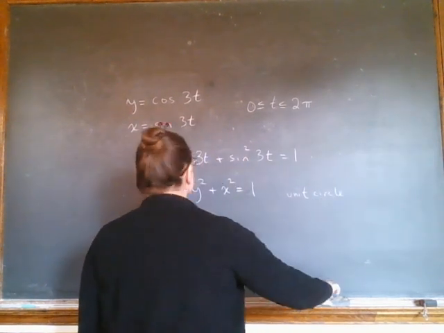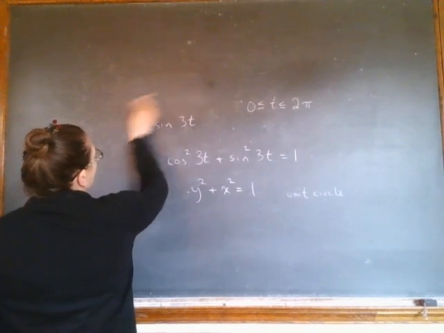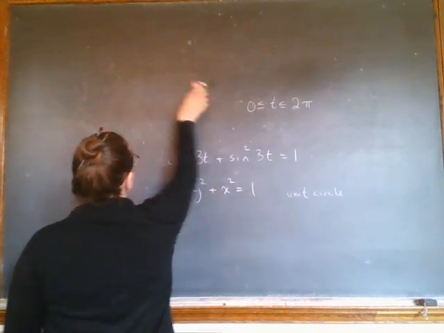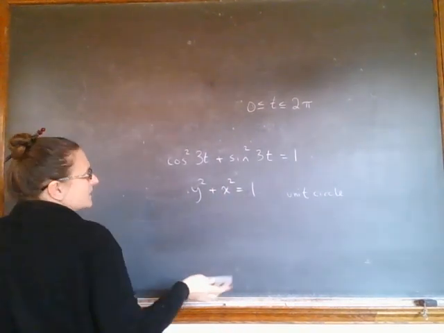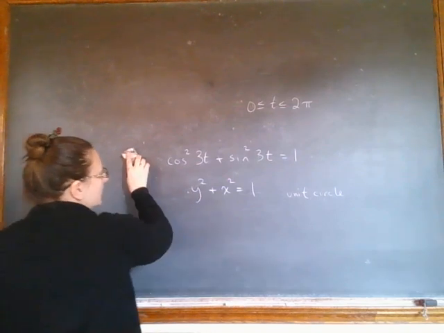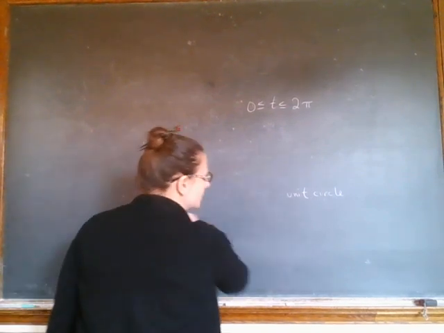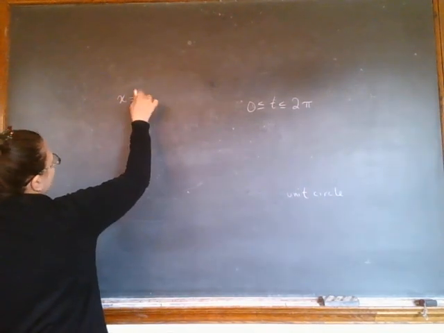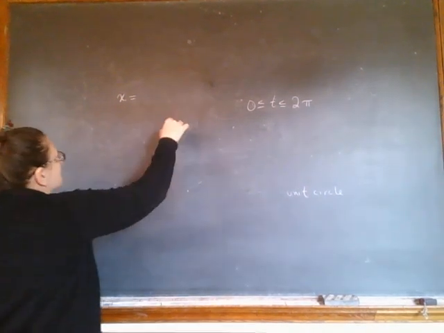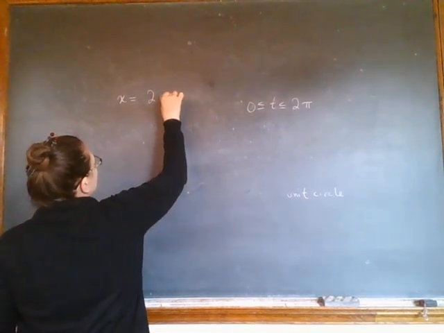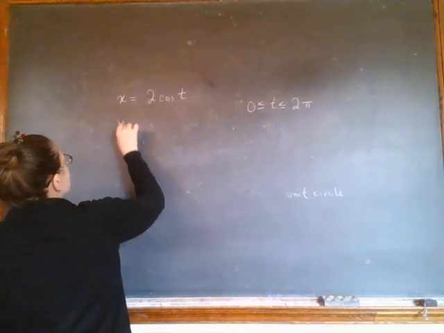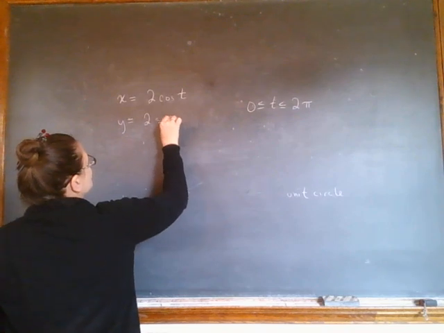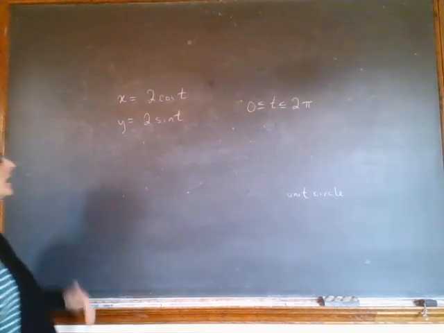Now, you saw we also did one that had a radius of 2, okay? So how does that work? Let me see. I'll just put up x equals 2 cosine t, and y equals 2 sine t, okay?